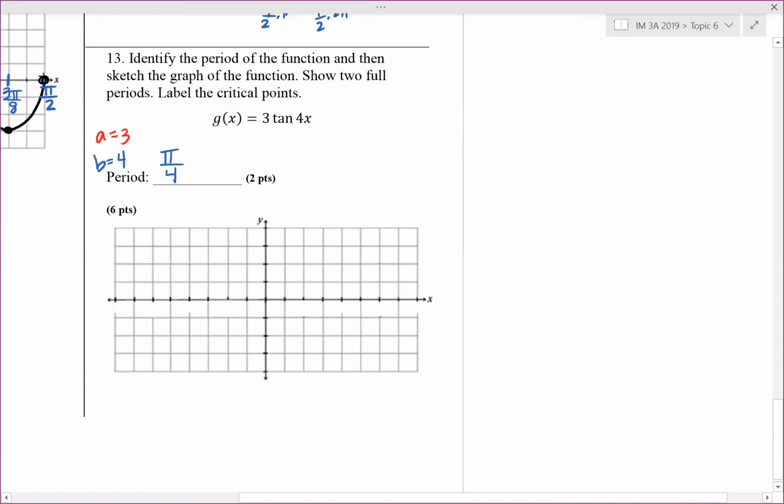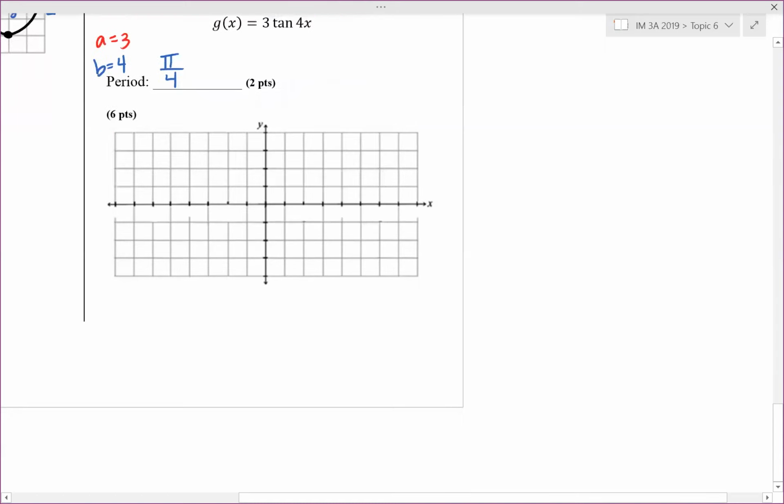So the last value on the x-axis is going to be pi over 4. I still use the same method to find all the other values. So the middle value, I'm doing half of pi over 4. And so that's going to give me pi over 8. The next value, I'm going to do half of that.